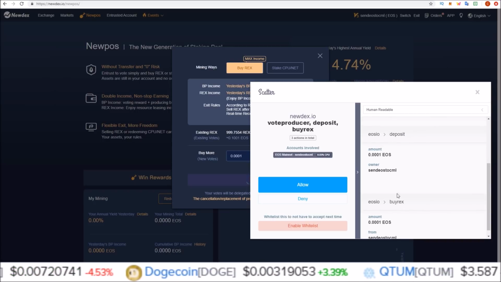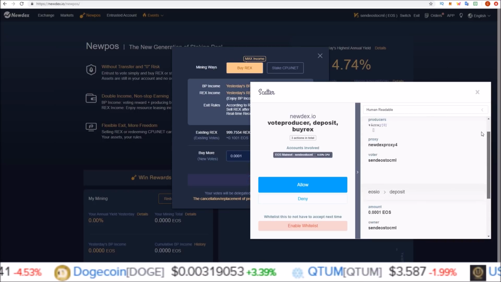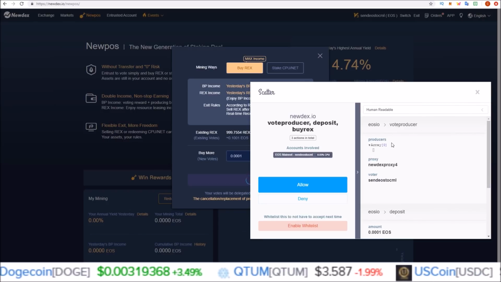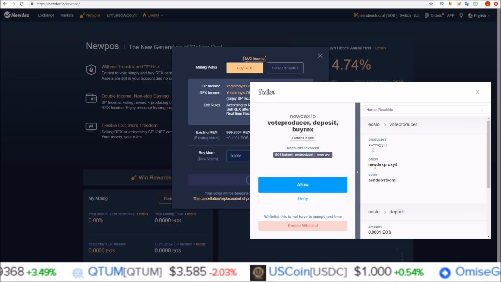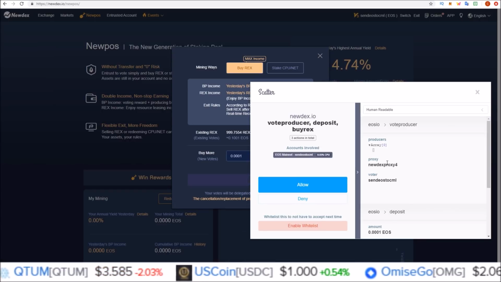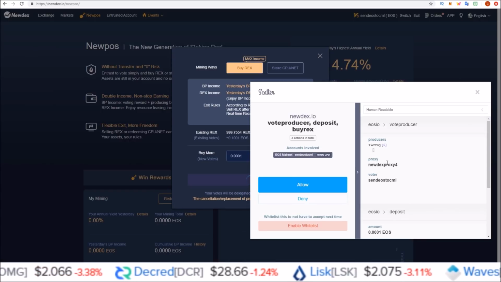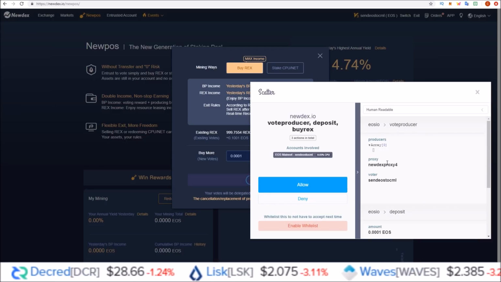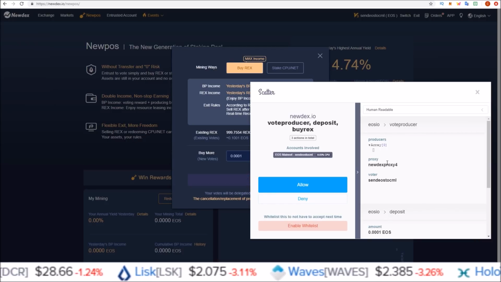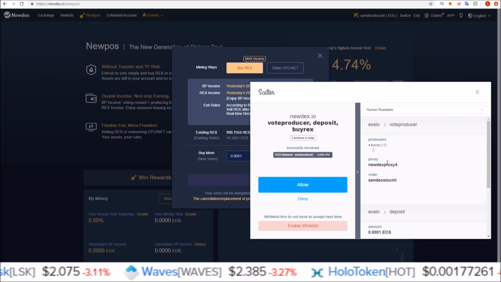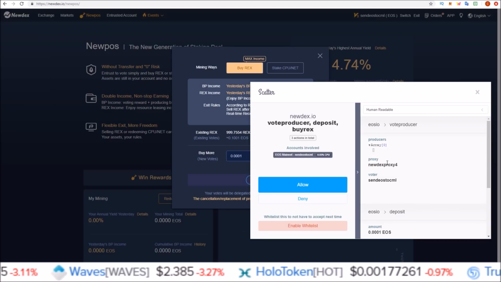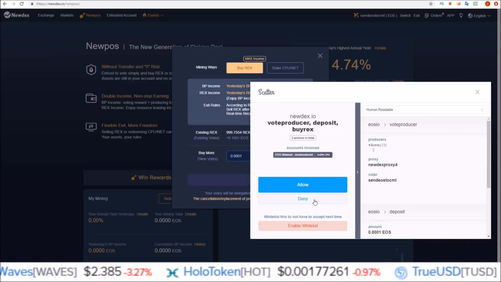That is the deposit and buy Rex actions there. But what is happening here is you are changing your vote proxy to Newdex Proxy 4. So basically this whole system is changing your proxy to the Newdex proxy, which is then voting for the Newdex BP, and you are earning some of their BP rewards.